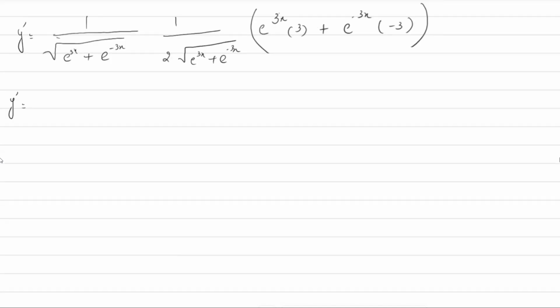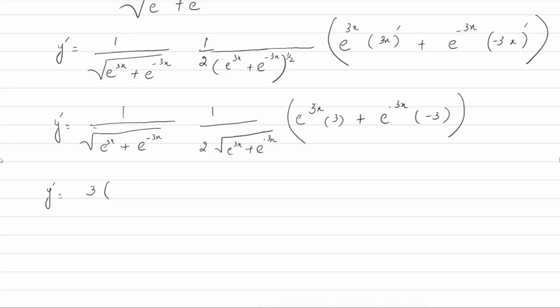We can take 3 common, and we have e raised to the power 3x minus e raised to the power minus 3x, divided by this is 2, and the same thing can be written as e raised to the power 3x plus e raised to the power minus 3x.